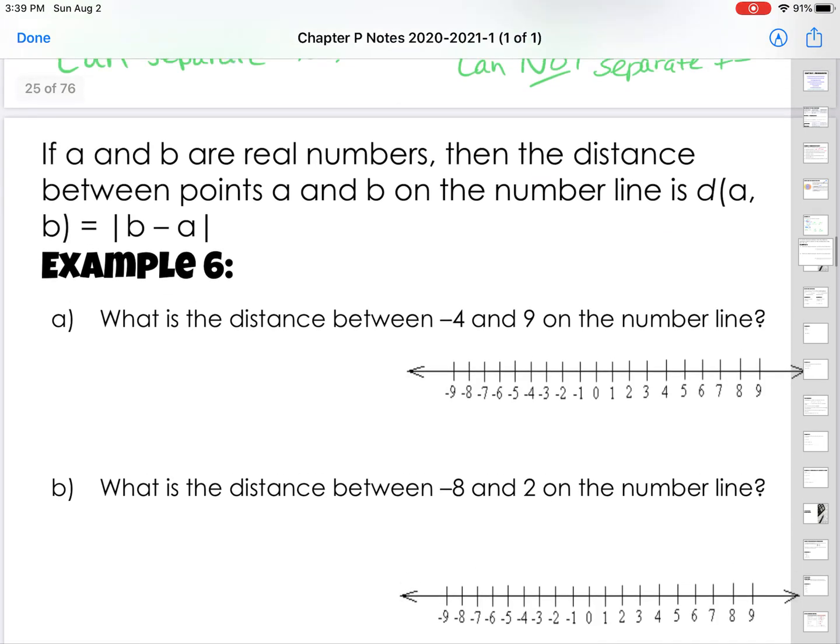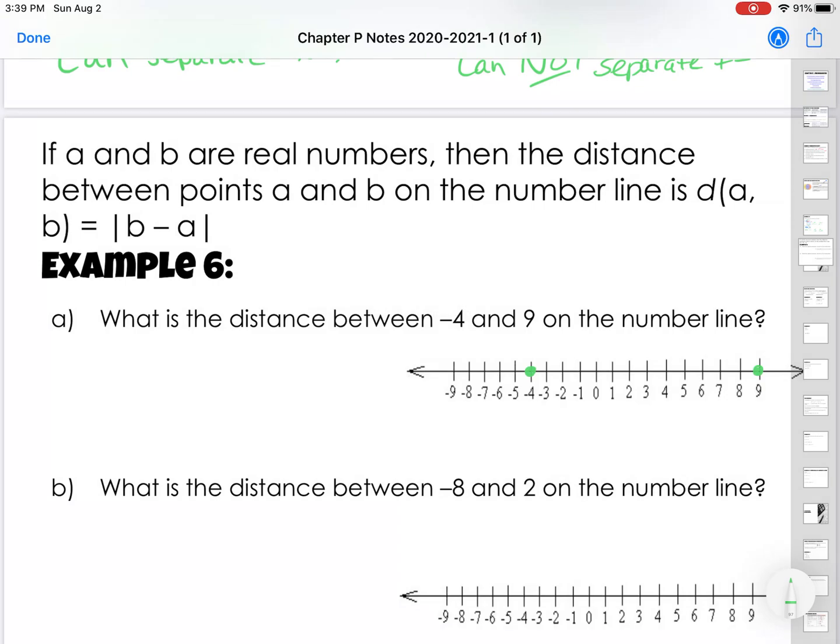Okay. So if A and B are real numbers, then the distance between points A and B on the number line is going to be the absolute value of the difference. You might have even seen this in geometry. So if we want to know the distance between -4 and 9 on the number line, here's -4 and here's 9. I mean, I could count. There's really nothing wrong with that.